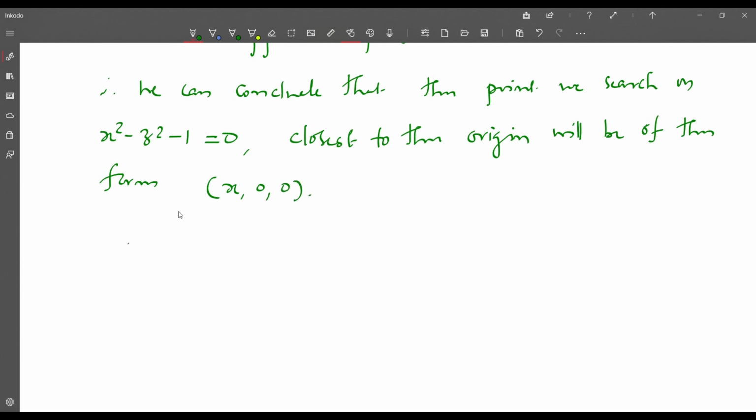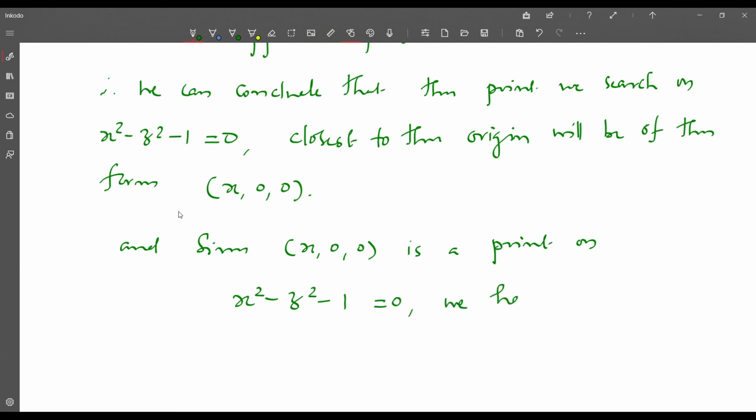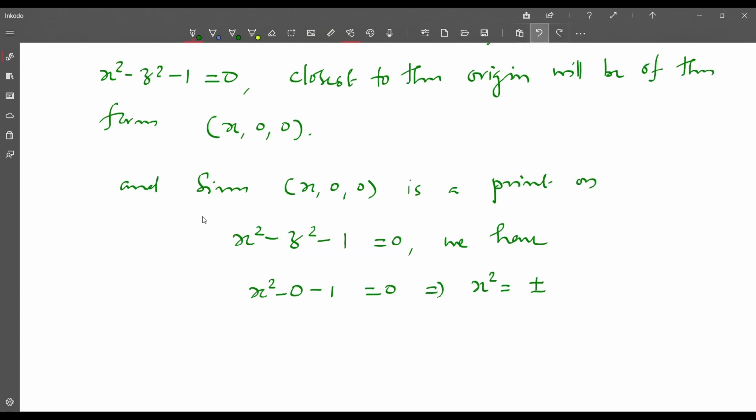And since x, 0, 0 is a point on x square minus z square minus 1 equal to 0, we have x square minus 0 minus 1 equal to 0. This implies x square is 1, so x is plus or minus 1.